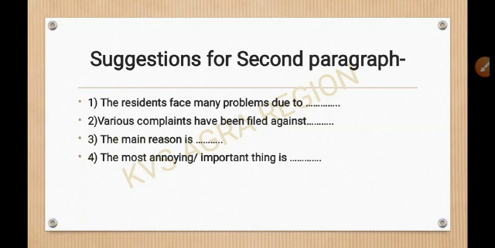The main reason behind this is, or the most annoying or important thing is. Now you can use all these sentences to make your answer even better. You can combine all these statements to make your answer a better one.